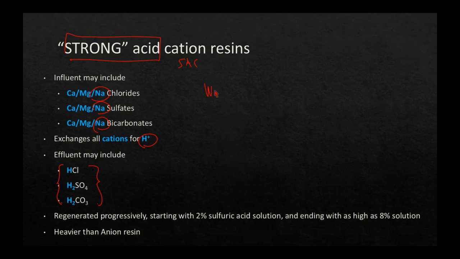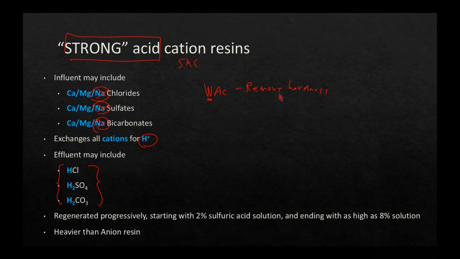Now, sometimes we can use a WAC resin. The W stands for weak, and you guys who worked in oil, you worked with WAC units, right? Yes, we have. So the difference with the WACs is they don't remove the sodium. In other words, we're still going to get dissolved solids in our effluent. They remove the hardness, but they don't remove all of the ions, which is really, really good.